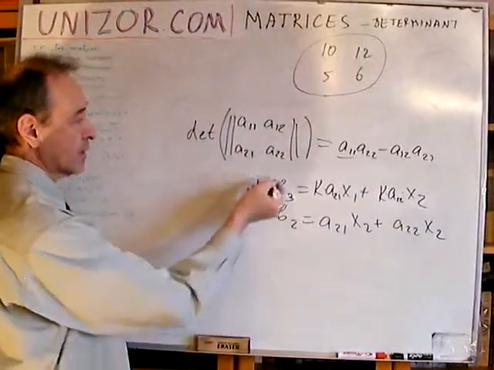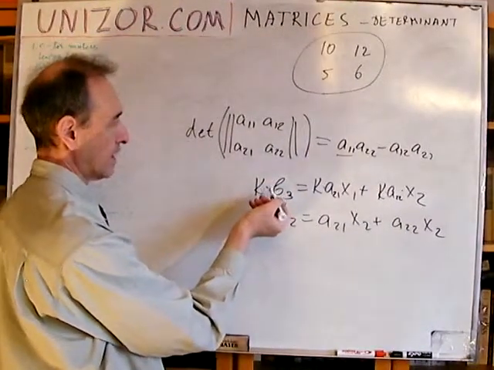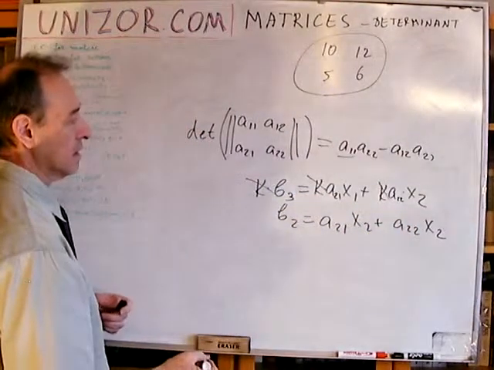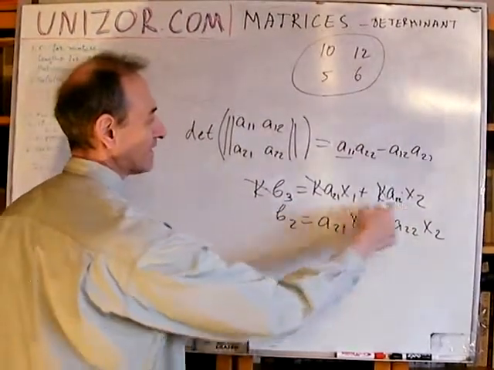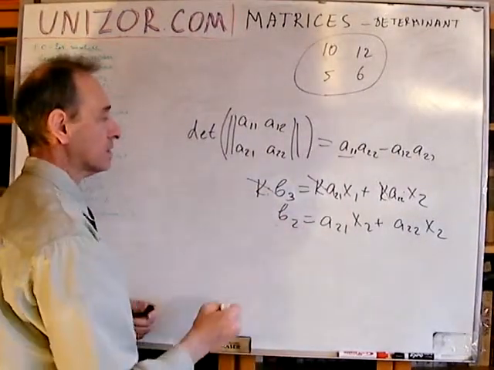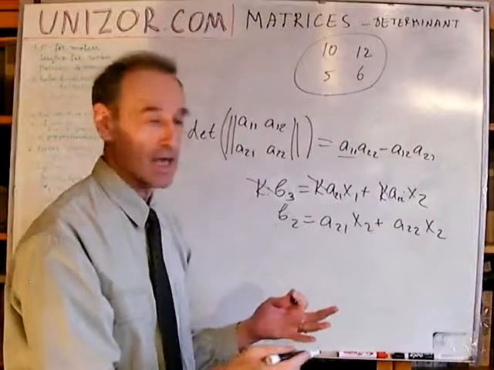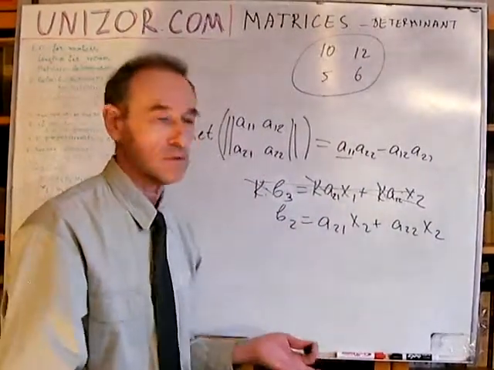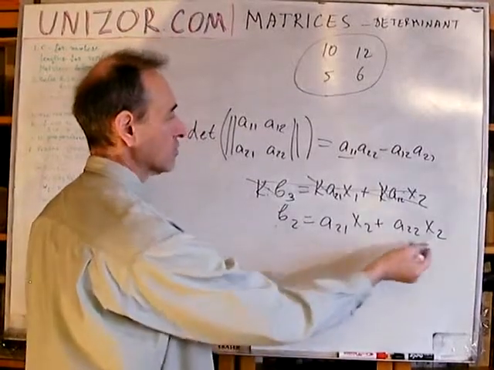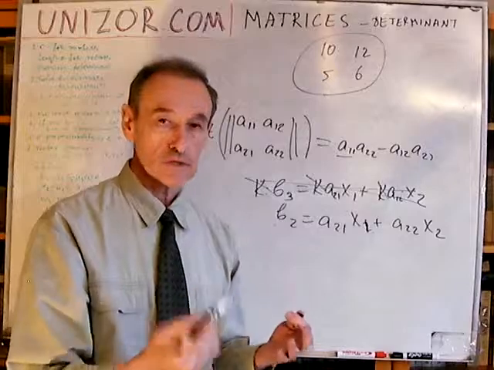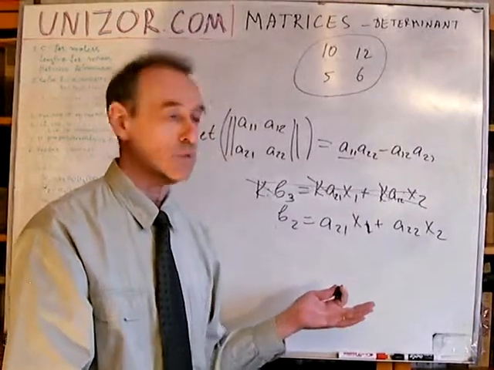So what happens? Well, basically, I can say that B1 is equal to K times, let's say, B3, whatever it is. So I divide B1 by K and get B3. And now I can reduce by K, and I have an equation which is exactly the same on the right side, but different on the left. Now, if B2 and B3 are exactly the same, then one equation is just redundant, right? So we need only one equation with two variables, which has an infinite number of solutions.